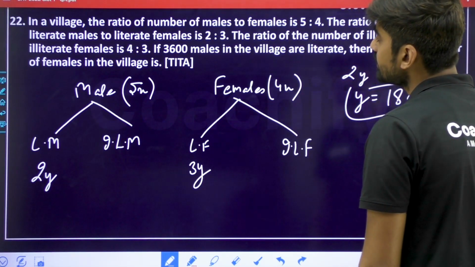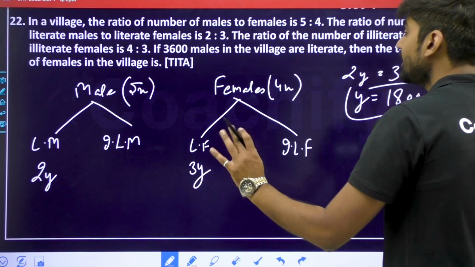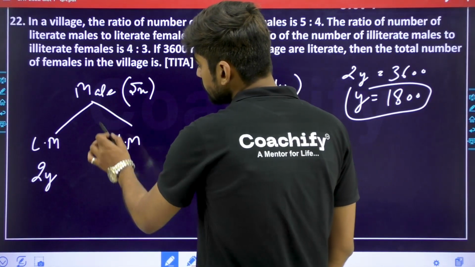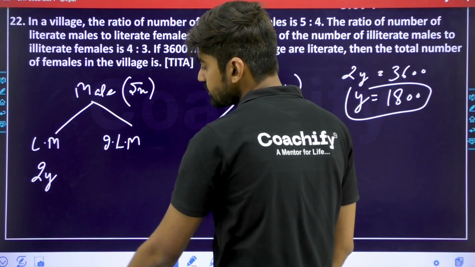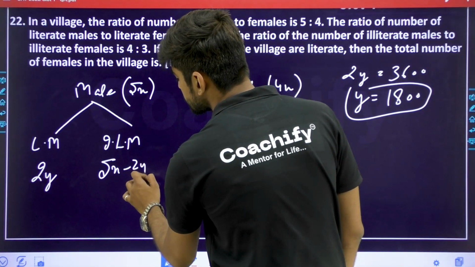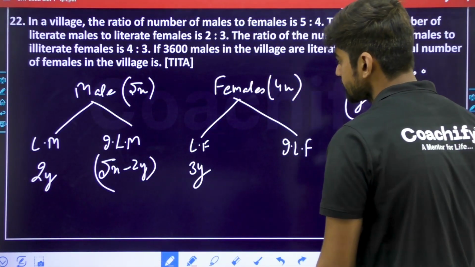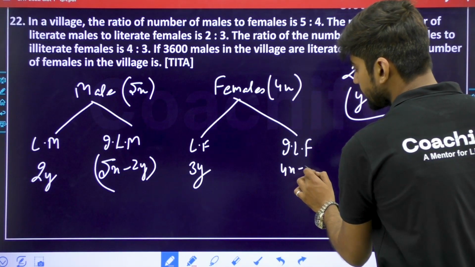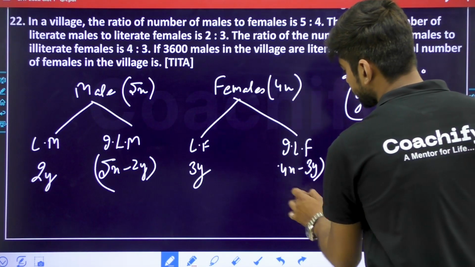Now the question gives the ratio of illiterate males to illiterate females. How can we find it out? The total number of males is 5x. If we subtract 2y from it, we get 5x minus 2y, which is the number of illiterate males. Total females is 4x. If we subtract 3y from it, we get 4x minus 3y.